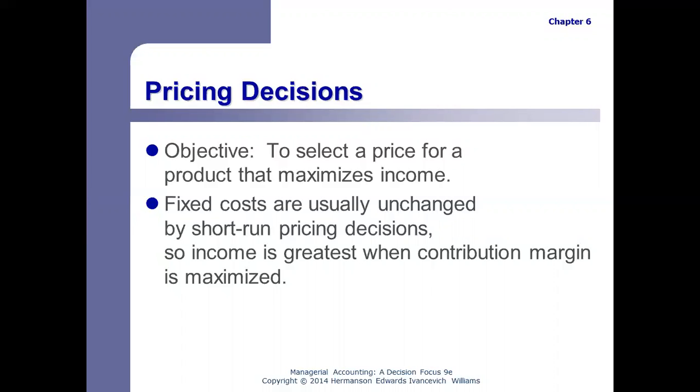They're not going to change at all. So what we're going to be looking at in making these pricing decisions is the contribution margin. Again, if you remember the first contribution margin income statement that we talked about in the beginning of the chapter, that was your sales minus your variable cost equals contribution margin. That's primarily the only thing we're going to be looking at when we look at making pricing decisions.